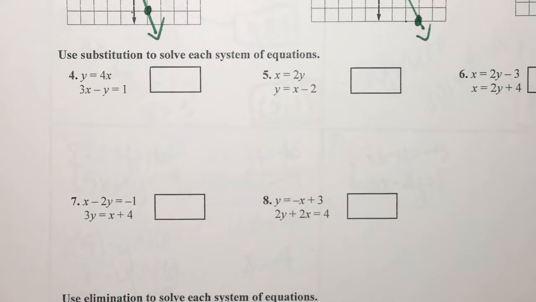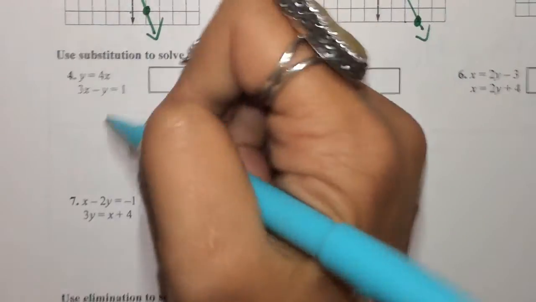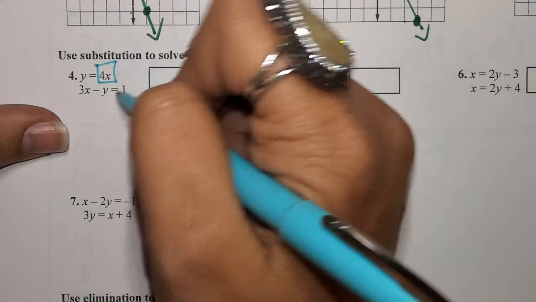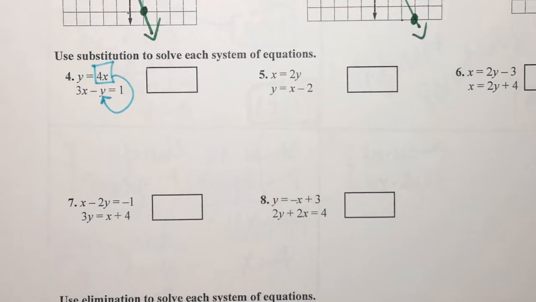Alright, so for number 4, it says to use substitution, correct? Yes. So, do we have a variable by itself? Yes. Which variable? Y. And what does y equal? 4x. So we're going to take this 4x and plug it right here for y. Does everybody understand?